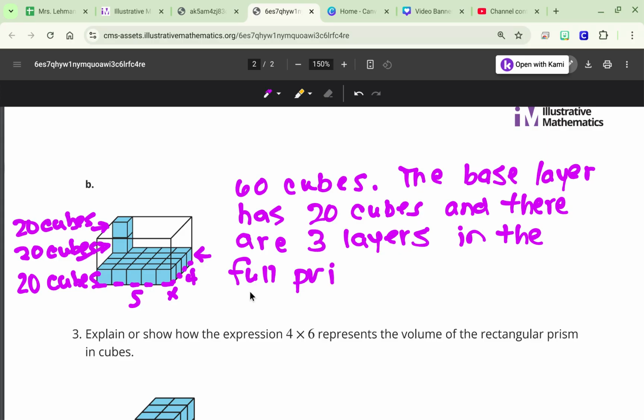Okay. Now, it's not all filled in, and that's okay, but I can count the cubes to get the dimensions, and I know that that particular prism can hold 60 cubes. So that is it for number 2B.